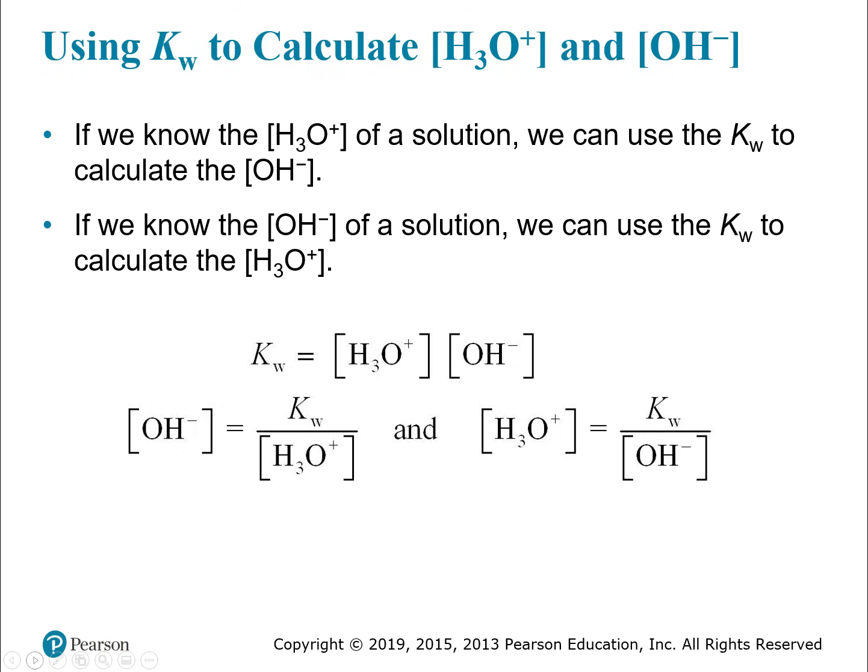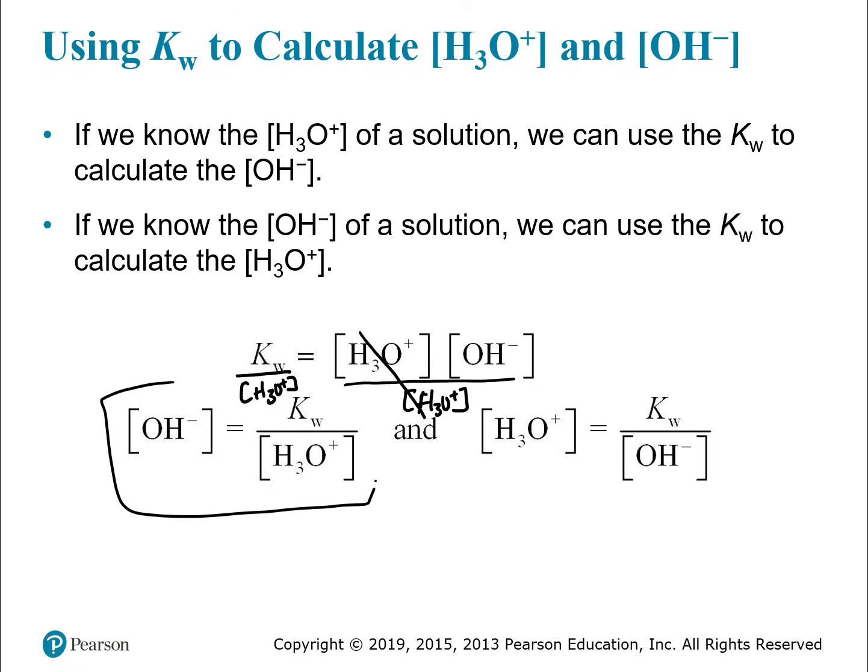So if we know Kw is equal to hydronium times hydroxide, then you can divide by hydronium, and then you end up solving for the hydroxide concentration.